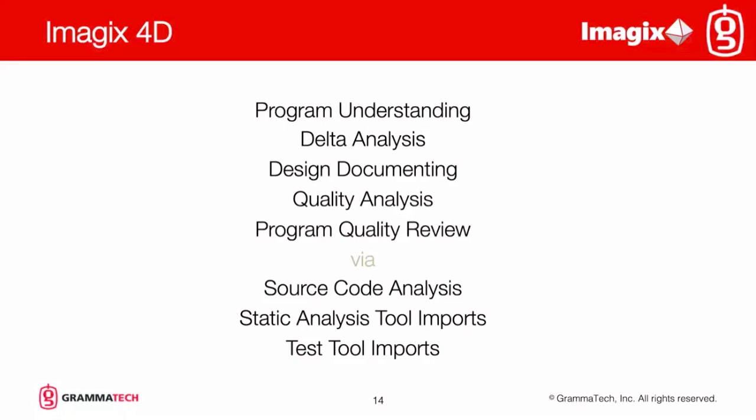So in essence, the static analysis that Mark talked about is used to identify what CodeSonar calls warnings, and the reverse engineering piece that I'm about to talk about helps you determine which of those warnings represent actual defects. Reverse engineering means different things to different people, and I'm going to speak from the perspective of our tool. Imagix 4D is a reverse engineering tool, and we divide its capabilities into 5 areas.